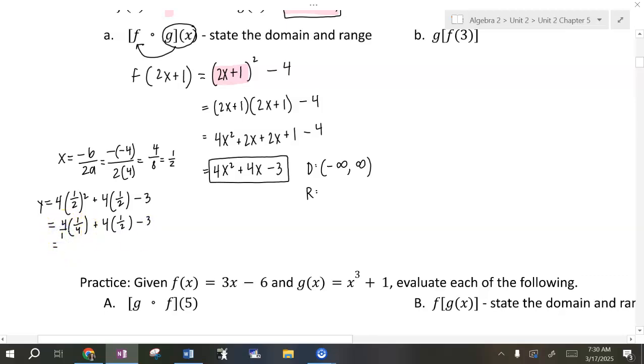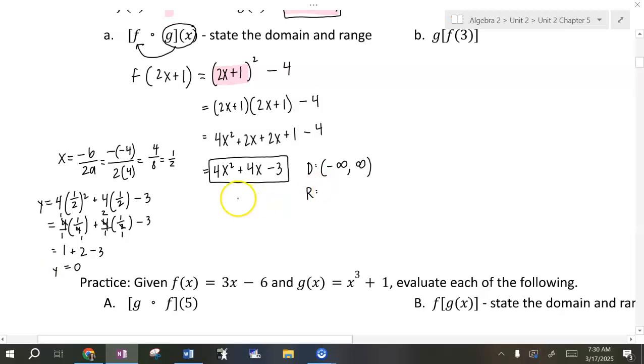You can put that 4 over 1 if it helps you to see. The 4s reduce down to 1 and 1, so you really just get 1. Again, for this 4, you can put it over 1. The 4 and 2 reduce down to 1 and 2, so we get plus 2 minus 3. 1 plus 2 is 3, and 3 minus 3 is 0. So the y value is 0.